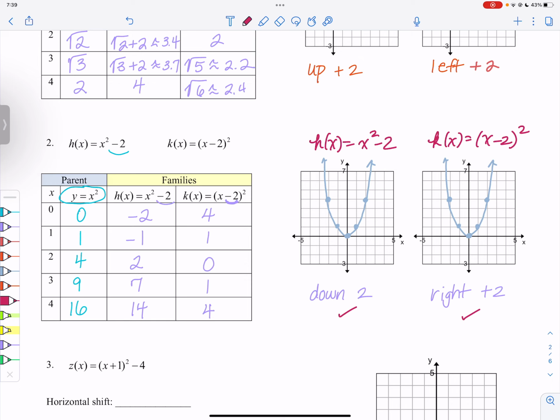Let's see how it looks. 0, -2. 1, -1. 2, 2. 3, 7.